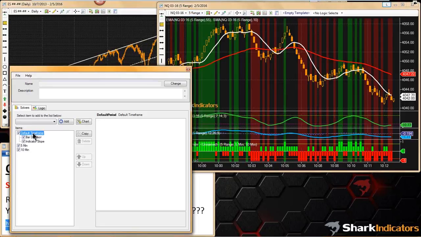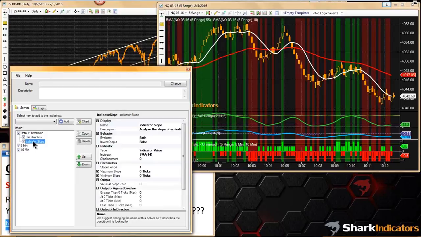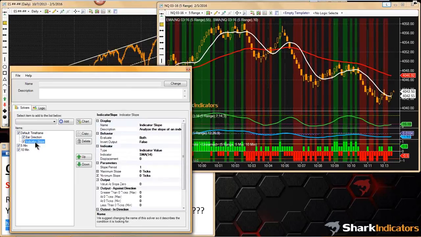So what that means is that the default time frame is a 5-range chart, since that's what the chart is set to, and so these two solvers here, the bar direction and the indicator slope, both of these solvers are going to be running on the 5-range chart. So that's what that is.